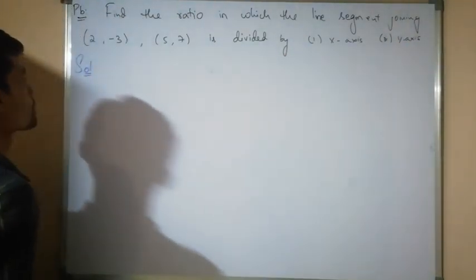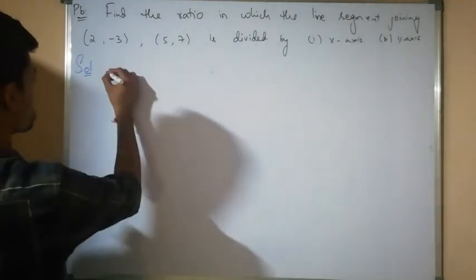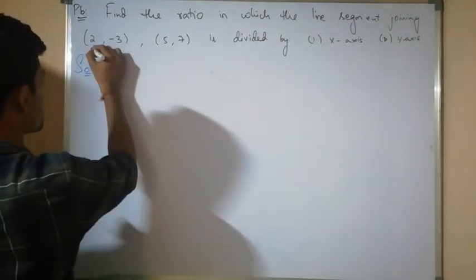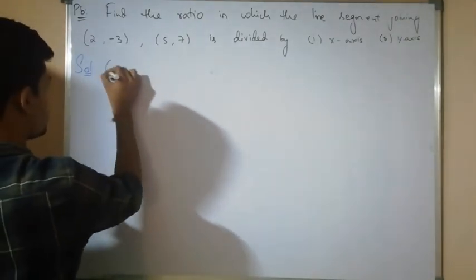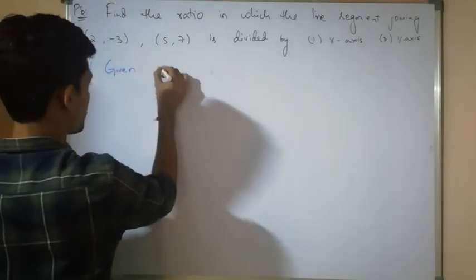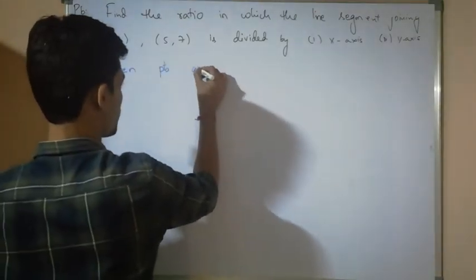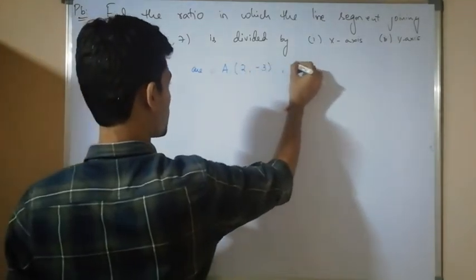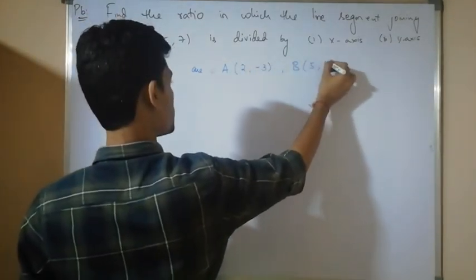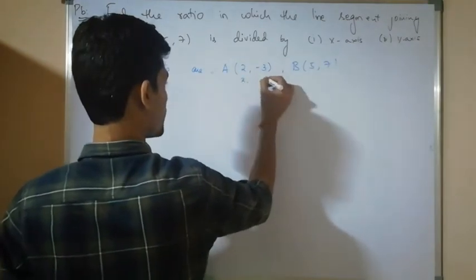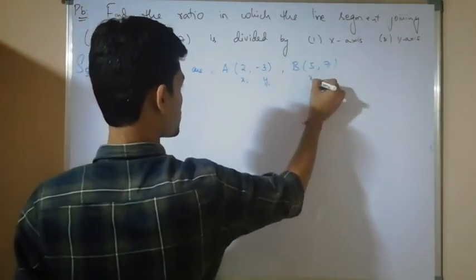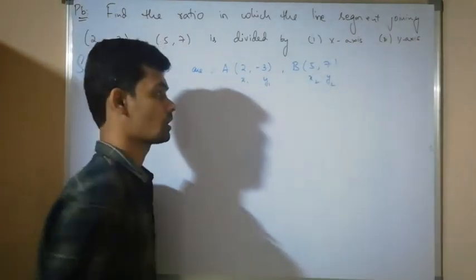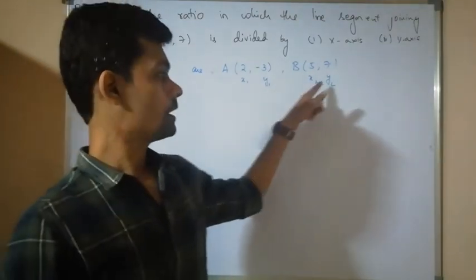So first, these given points are A 2 comma minus 3, B 5 comma 7, x1, y1, x2, y2.